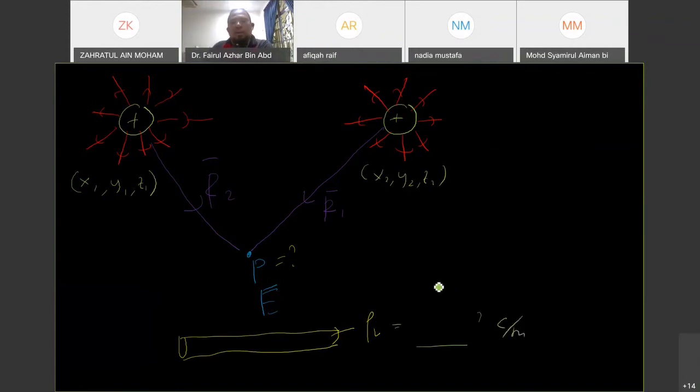So maybe something like this, but actually the question is not ready yet. So I also don't know the style of the question. But the style of the question is maybe almost similar to what you already answered in the exercise.